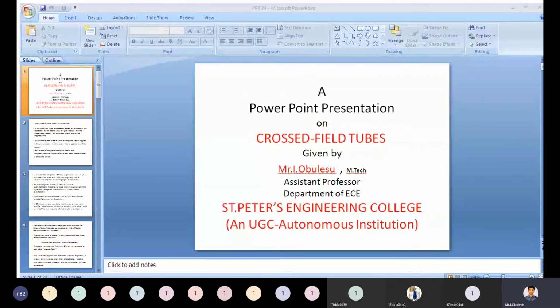The curvature of the path can be controlled by varying either the magnetic field using an electromagnet or by changing the electric potential between the electrodes.